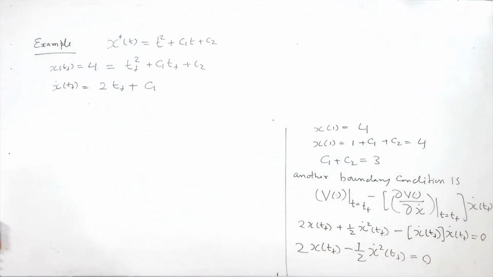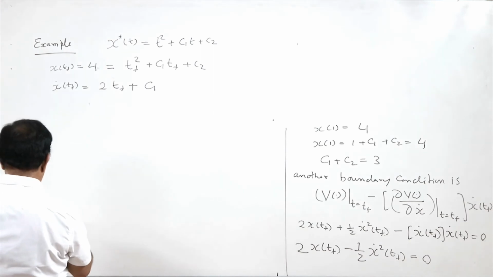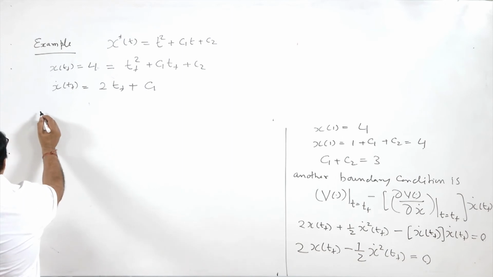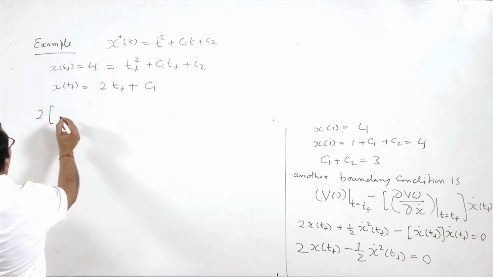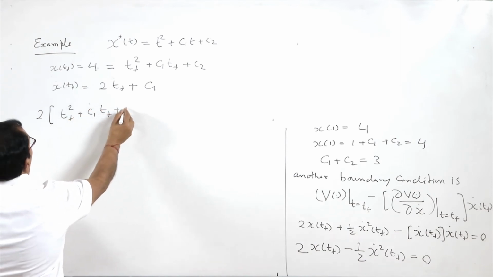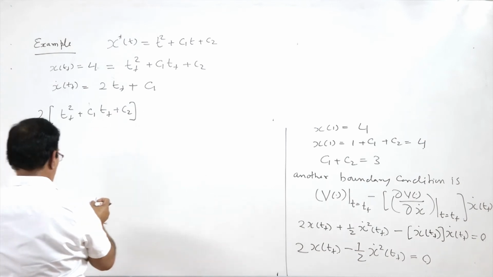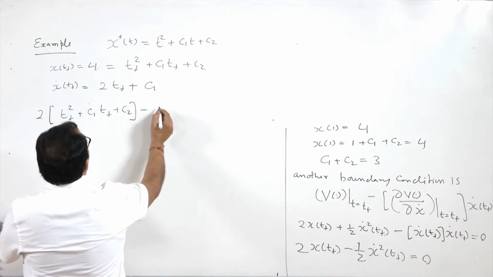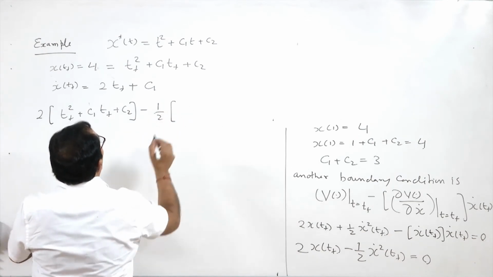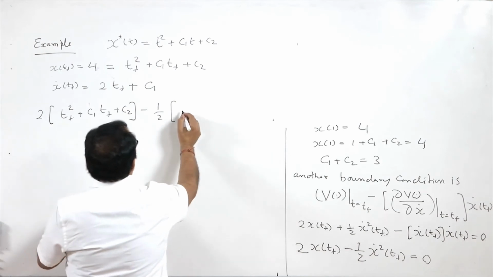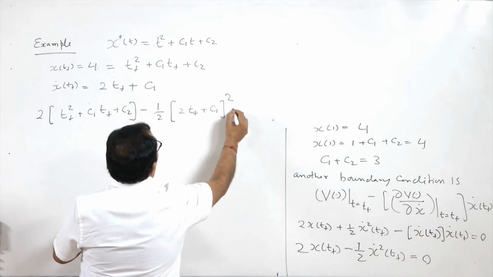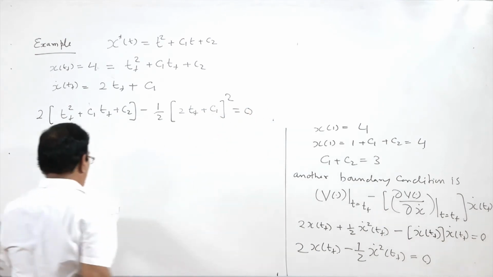So, if I place it, I have twice x(tf), which is tf² plus C1 tf plus C2, minus 1/2 times ẋ(tf), which is (2tf plus C1) squared, and that must be equal to 0.